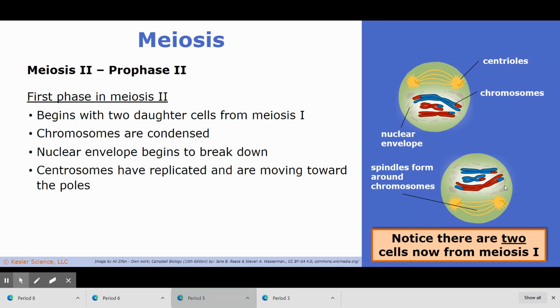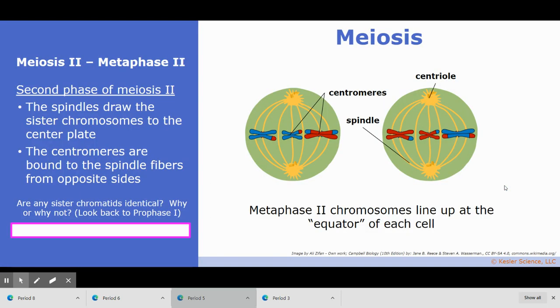So prophase 2 begins with the 2 daughter cells that we ended up with at meiosis 1. Chromosomes are condensed. The nuclear envelope is going to go away again, and the centrioles have replicated and moved toward the opposite ends of the pole again. So it kind of has to do a little reset again, similar to prophase 1.